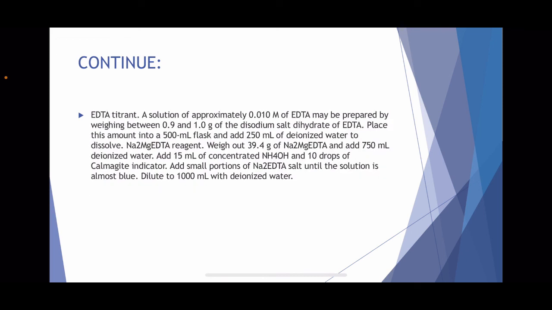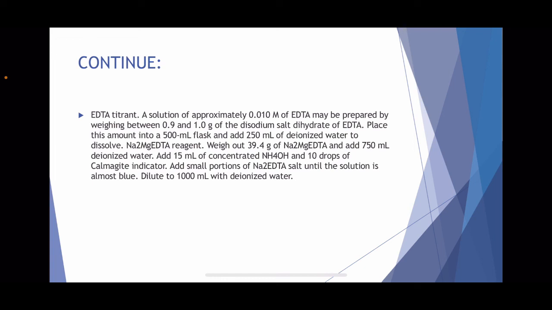EDTA titrant. A solution of approximately 0.010 molar EDTA may be prepared by weighing between 0.9 and 1 gram of disodium salt dihydrate of EDTA. Place this amount into a 500 milliliter flask and add 250 milliliters of deionized water to dissolve.